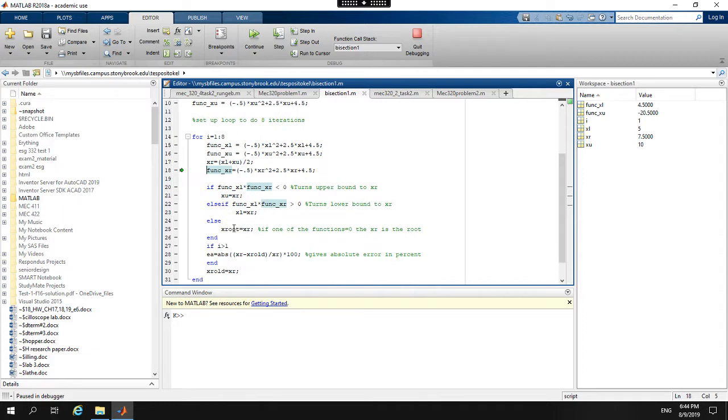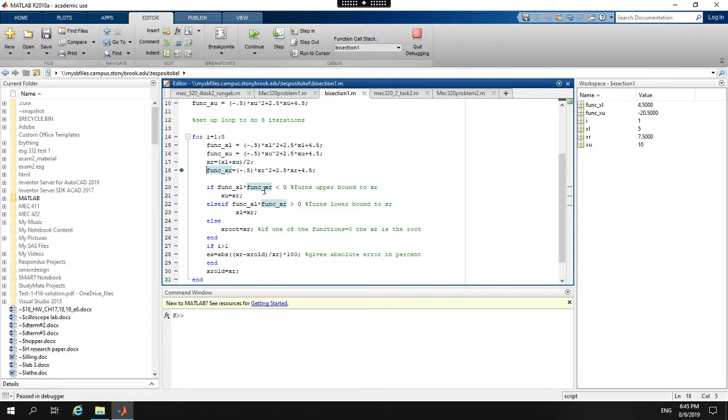And then we have our last else, which is important to put just in case you somehow actually guess the root, x root. If none of these happens, that means the function of xl times the function of xr is equal to 0.